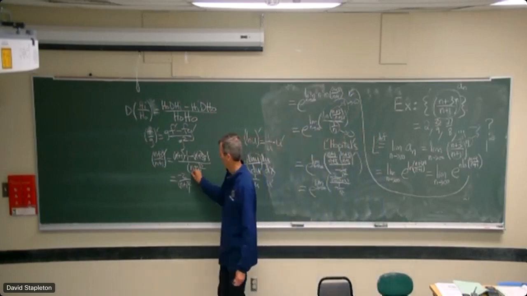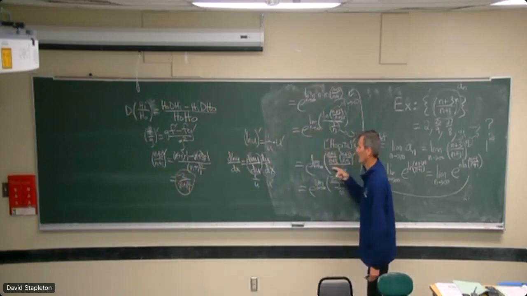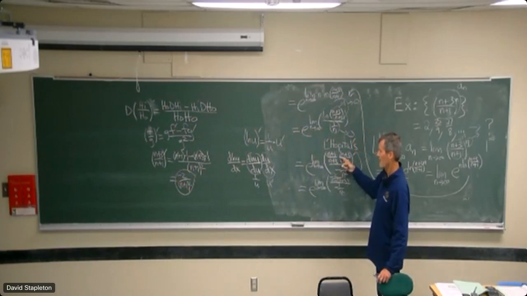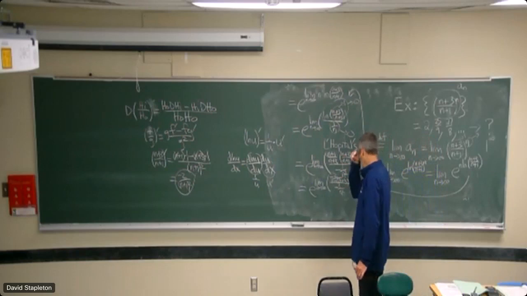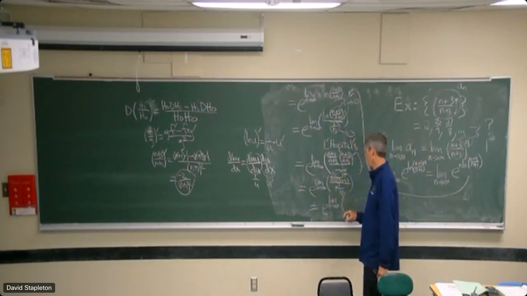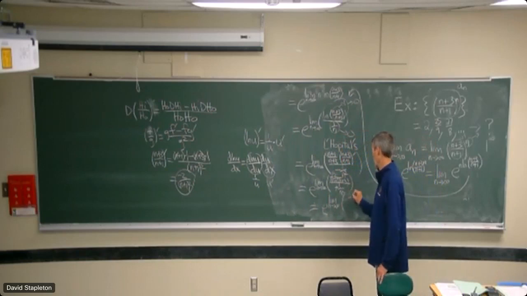Multiply that times this, and one of the n plus ones cancels, and I get minus two over n plus three, n plus one. Okay, now the minuses cancel. And I take top times bottom over the middle times the middle: I've got n squared times two over n plus one, n plus three.